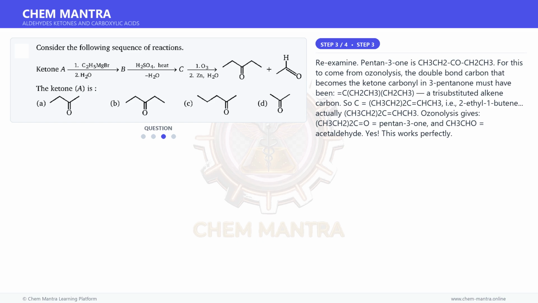Re-examine. Pentan-3-one is CH3CH2COCH2CH3. For this to come from ozonolysis, the double bond carbon that becomes the ketone carbonyl in 3-pentanone must have been =C(CH2CH3)CH2CH3, a trisubstituted alkene carbon. So C is CH3CH2C(=CHCH3)CH2CH3, i.e. 2-ethyl-1-butene.